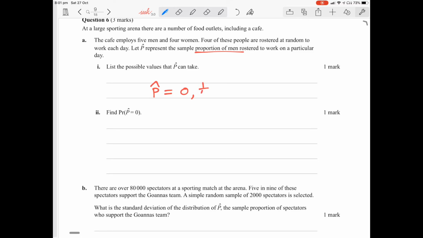We could have 1 on 4, 2 on 4, 3 on 4, or all men. Okay, find the probability that P hat is equal to 0. So no men. P hat equal to 0 means that they're all women.